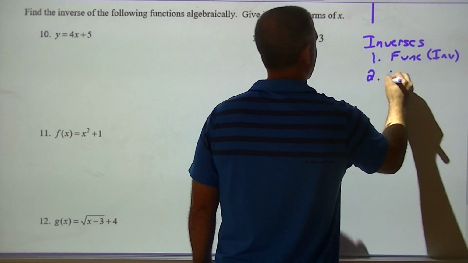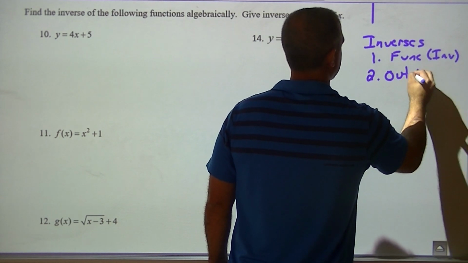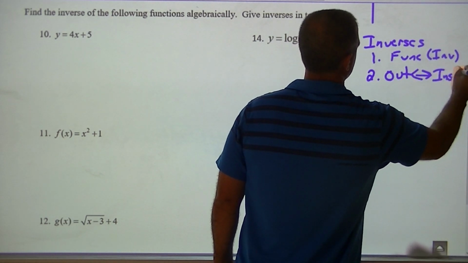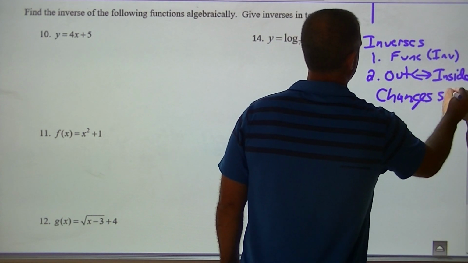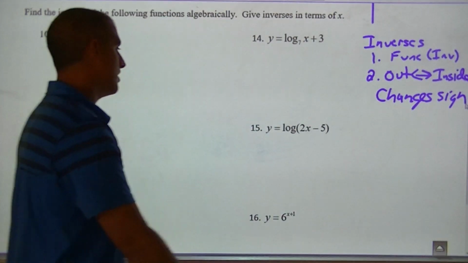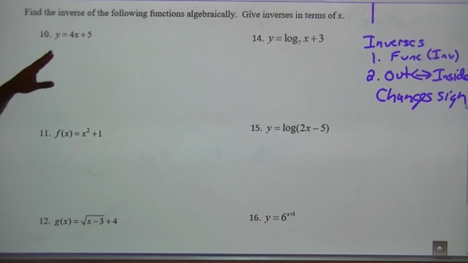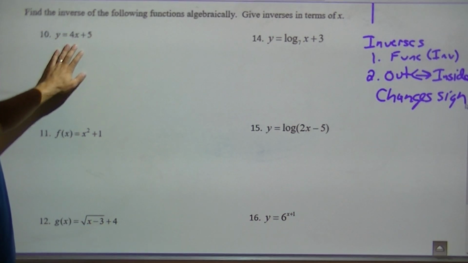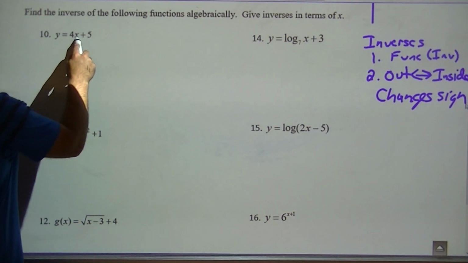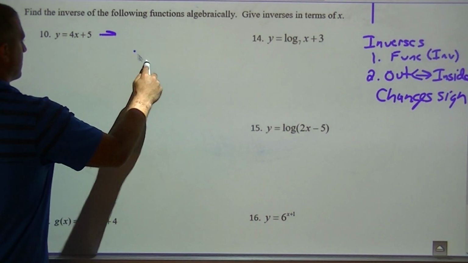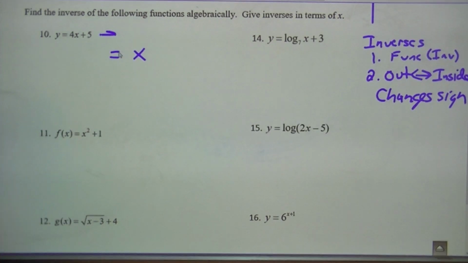Whatever is outside goes inside and changes sign. That's how you find an inverse. Now, for a line, the inverse for a line is just x.